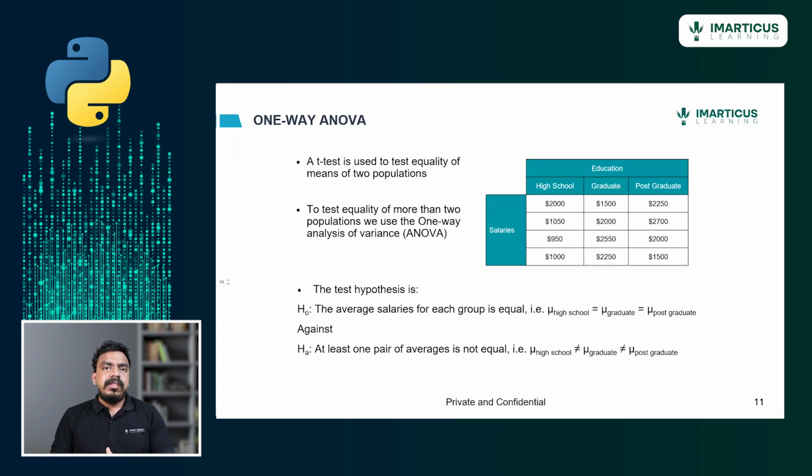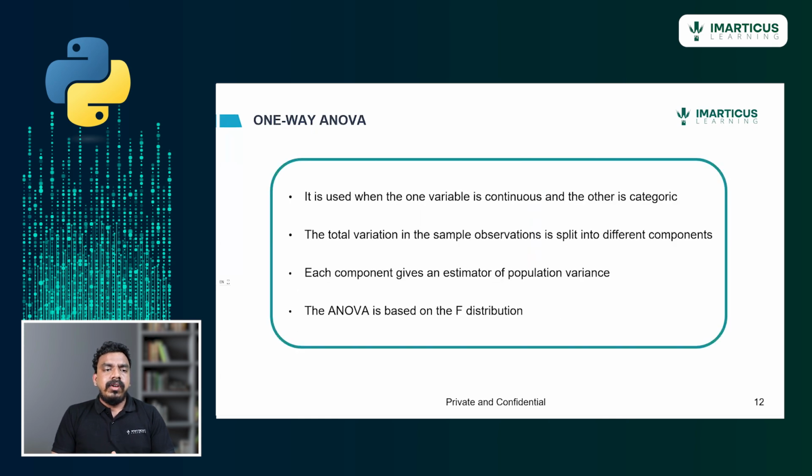The alternative hypothesis states that at least one pair of groups are earning different salaries. For example, either high school and graduate are earning different salaries, or high school and postgraduate, or postgraduate and graduate. So, I hope everyone understood what is one-way ANOVA.